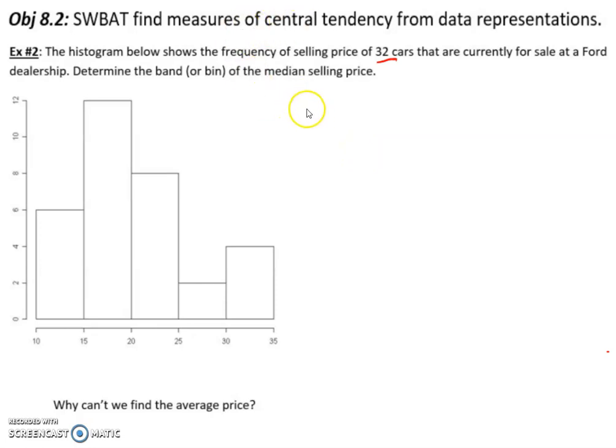We still start off the same. So for median, we're still going to take 32 and divide it by 2. This time, we're actually going to get a whole number, 16.